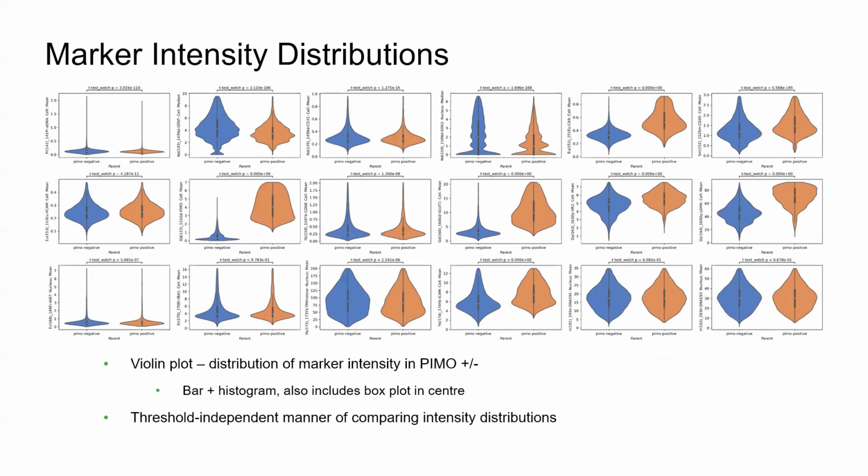Now, in this case, we pooled all of the PIMO negative areas and all of the PIMO positive areas from all images in our batch, and we wanted to determine whether or not the distribution in intensities tended to differ. However, the grouping can be done on more of a macroscopic scale, in which we can group by certain patient metadata, such as that relating to a control group or experimental group cohort, or even something such as mutation status of a given sample.